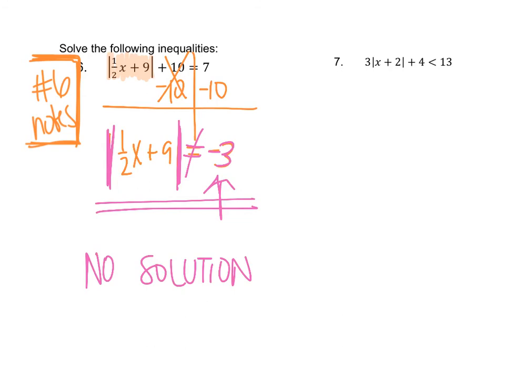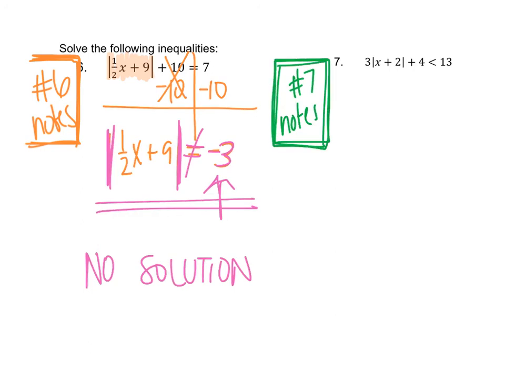Number 7 is an absolute value inequality. This is out of your number 7 notes if you forgot how to do this. They're very similar processes for equations and inequalities, but they are different, so please make sure you have that straight in your head. But just like an equation, I'm going to have to isolate that absolute value. The first thing I need to get rid of is the standalone 4, so I have to subtract 4 from both sides.